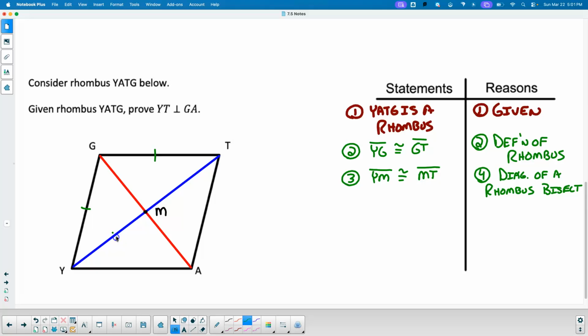So now we know that this side is congruent to that side. We also know then that side GM is congruent to itself from the reflexive. Oops, I put a 4 up there. Should have been a 3.